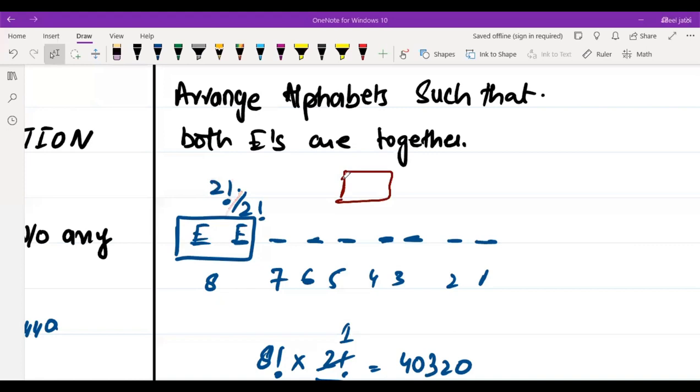When 2 E's are together in the block, this will be 2 factorial upon 2 factorial, to finish the repetition of 2 E's. 1, 2, 3, 4, 5, 6, 7. 7 alphabets and 1 block means 8. So 8 factorial for the total movement, and 2 factorial for the movement of 2 E's, and 2 factorial to finish the movement of 2 E's. So the answer should be 40320.